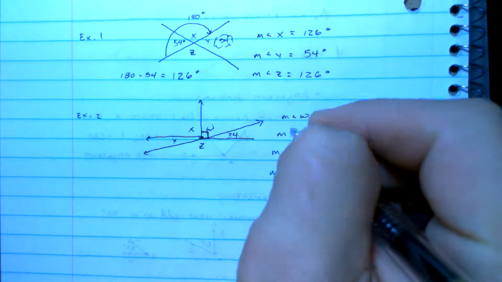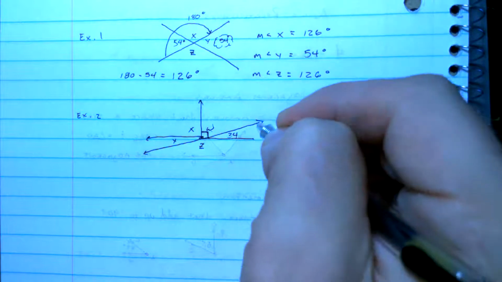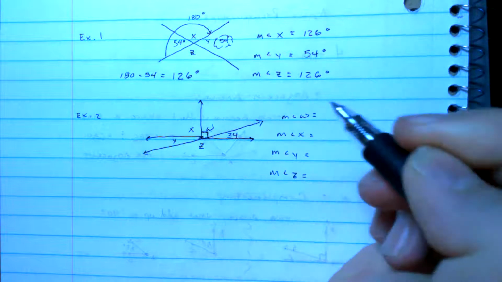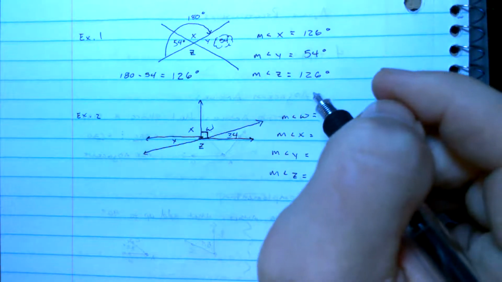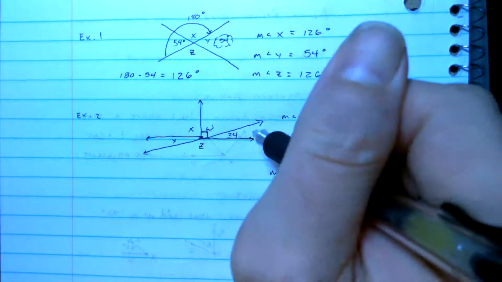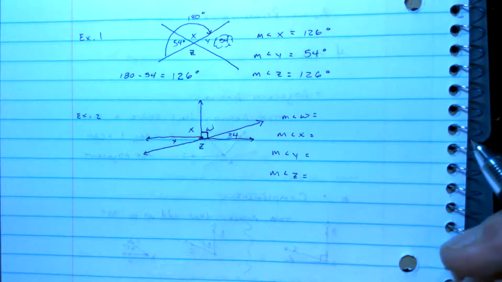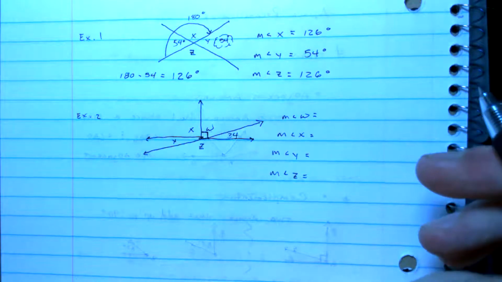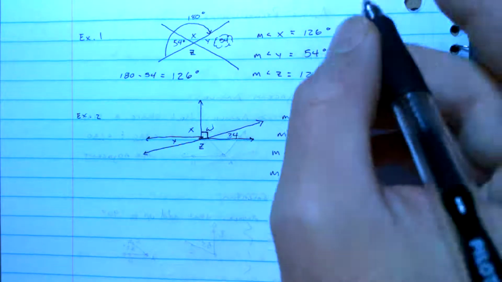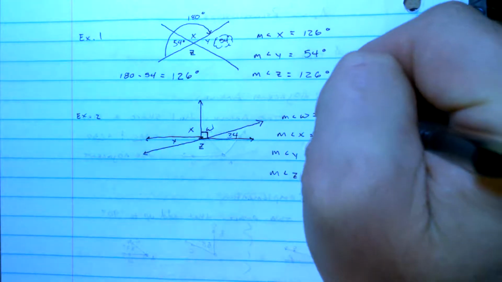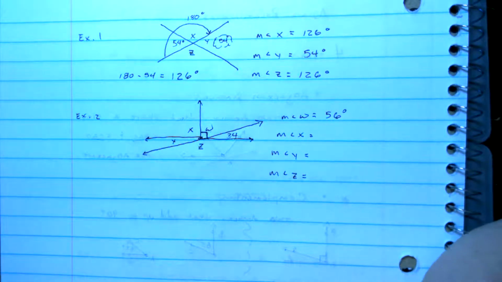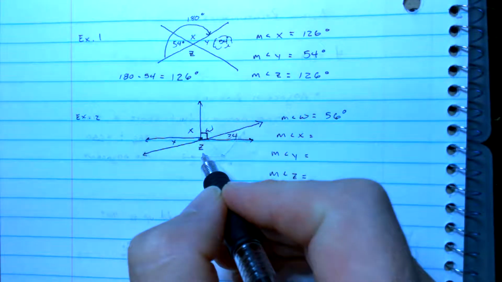We should all know that box means 90 degrees, which means these two angles form a 90-degree angle, meaning they are complementary. So W and 34 make 90 degrees. What is 90 minus 34? You would simply do the math to realize we have 56. So W is 56.